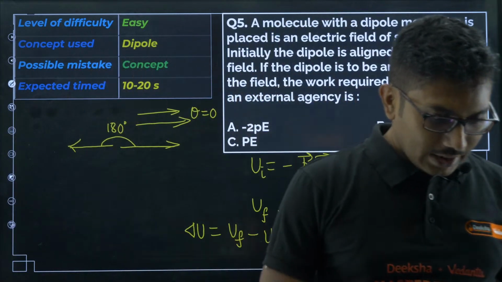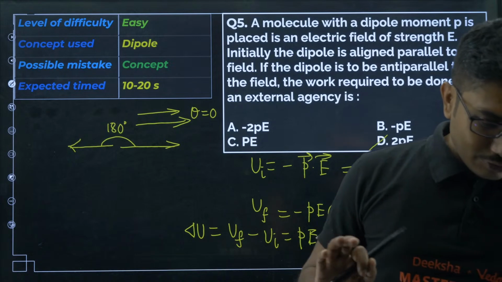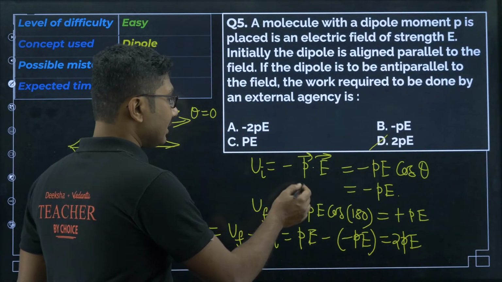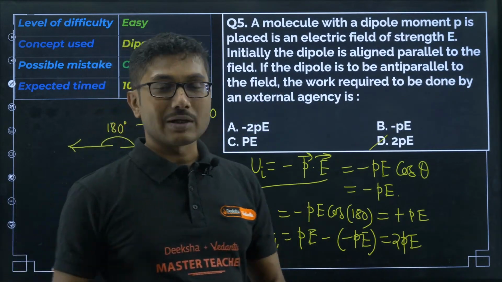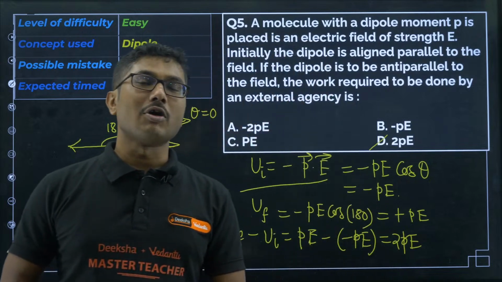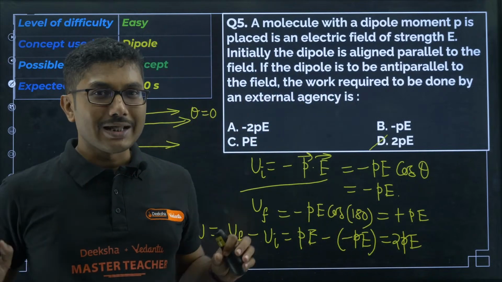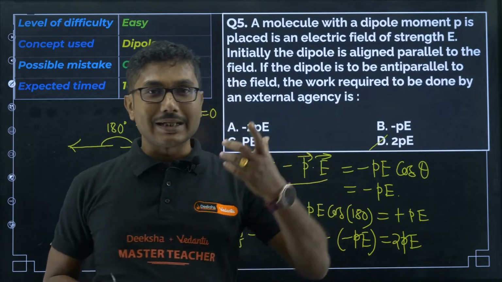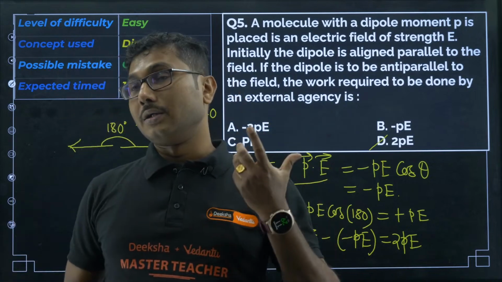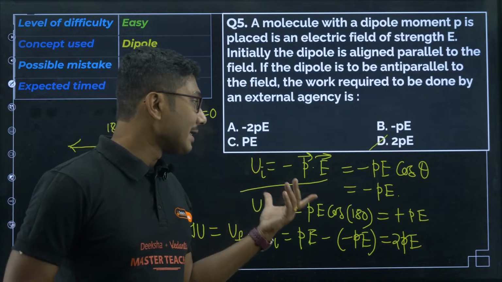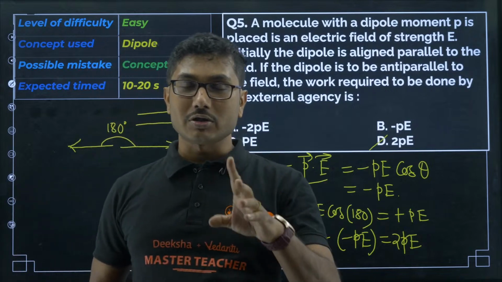P sin theta, no, it is a scalar product, a scalar quantity. In a scalar quantity, sine is not possible, you have to be clear in your mind. Sine comes only when you are doing the cross product.